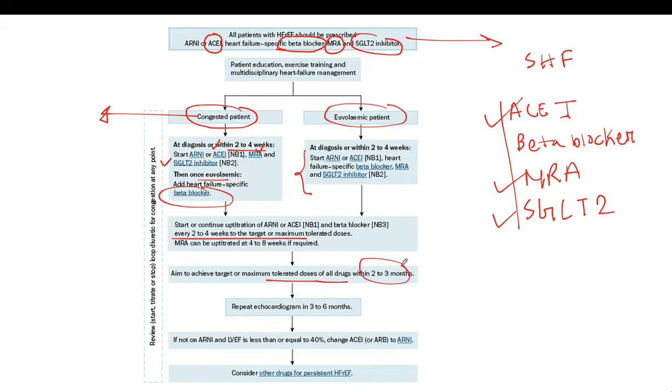And then we do a repeat echocardiogram in 3 to 6 months to see how the ejection fraction is doing at the moment. Now, after 3 to 6 months of the maximum tolerated dose of these 4 medications, if a patient is still having an ejection fraction less than 40%, then we are going to change the ACE inhibitor to an ARNI, angiotensin receptor neprilysin inhibitor.